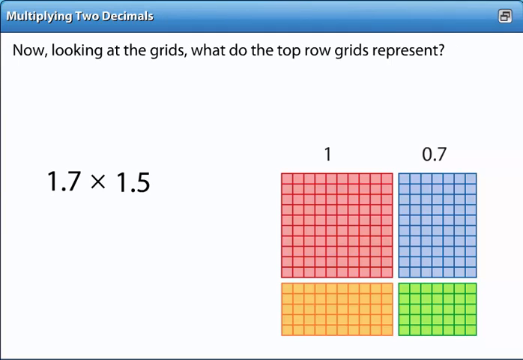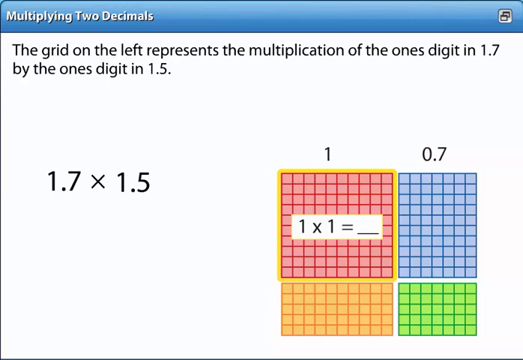Now looking at the grids, what do the top row grids represent? The grid on the left represents the multiplication of the ones digit in 1 7/10 by the ones digit in 1 5/10.